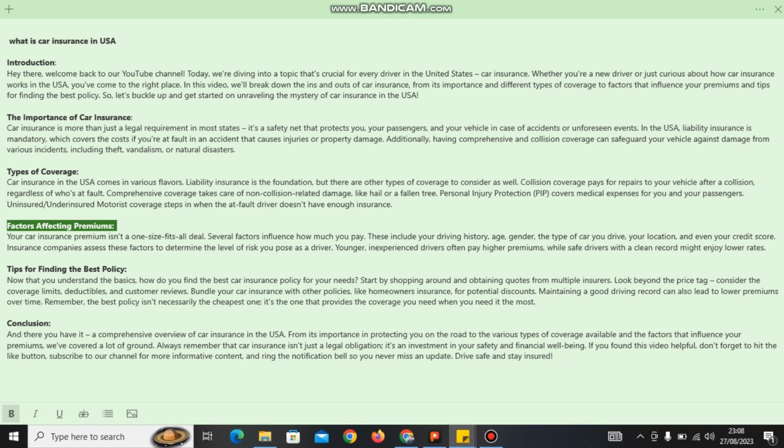Car insurance companies assess these factors to determine the level of risk you pose as a driver. Younger, inexperienced drivers often pay higher premiums, while safe drivers with a clean record enjoy lower rates.